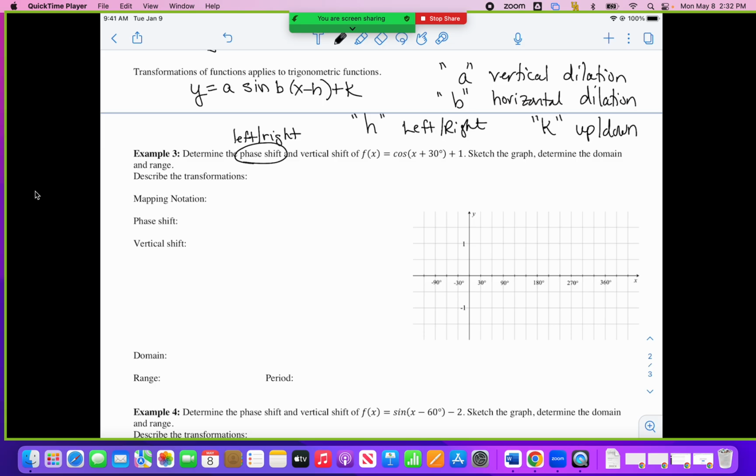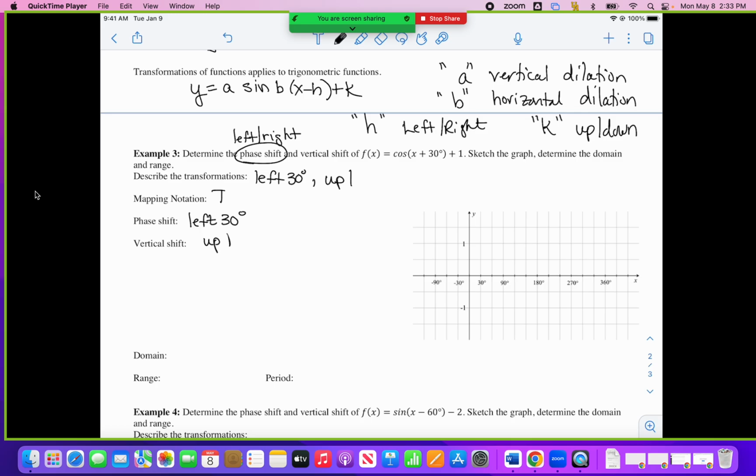Yeah, so that's my vague recollection of that, that trigonometry is used extensively in physics, so in trigonometry we just say phase shift. So the phase shift would be, in this problem, left 30 degrees and up 1. So the phase shift is left 30, the vertical shift is up 1.